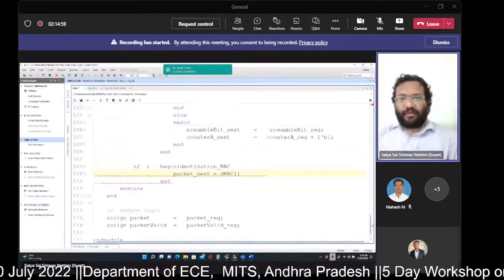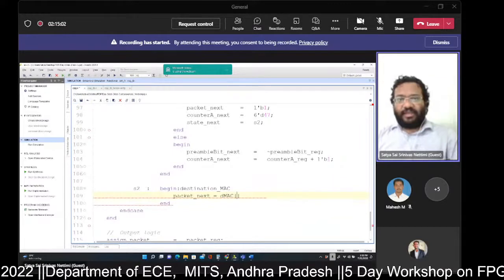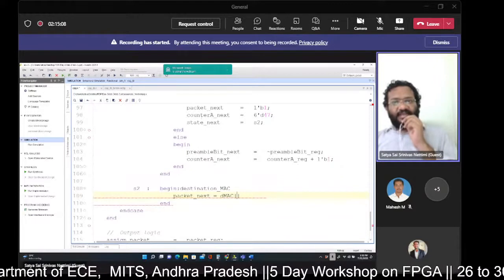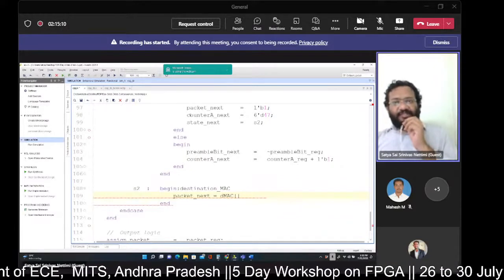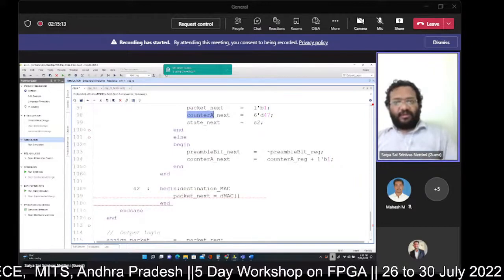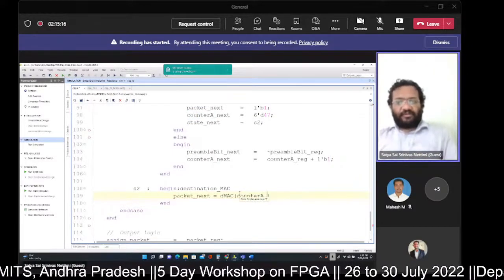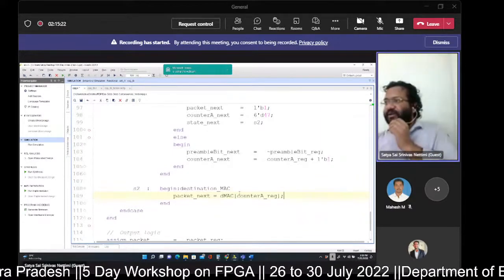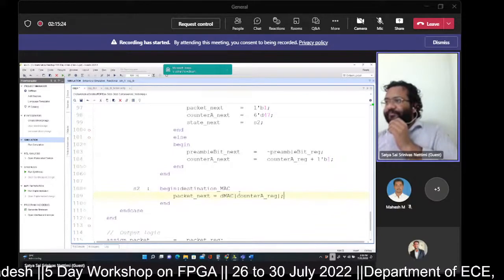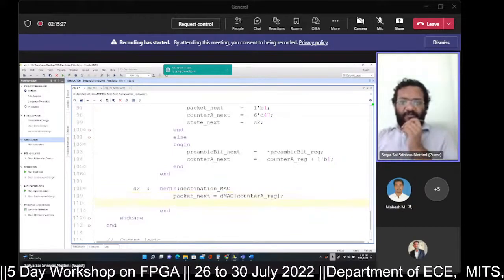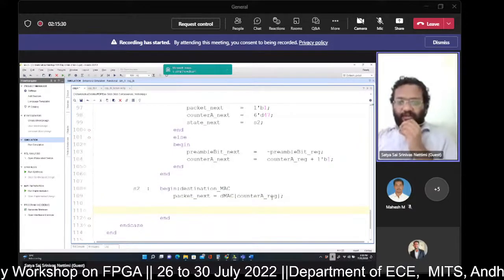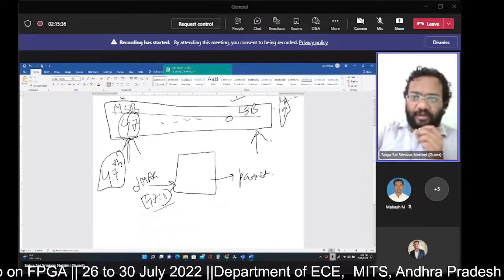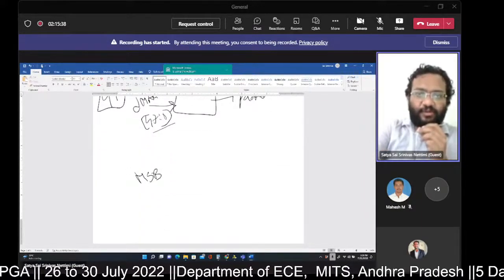From this, the counter A register is having a value equal to 47 in the S2 state. I use that value to read the MSB bit of our destination MAC address. Now I have to decrement the count value. Why? Because I have to proceed down the line from the MSB side to the LSB side.